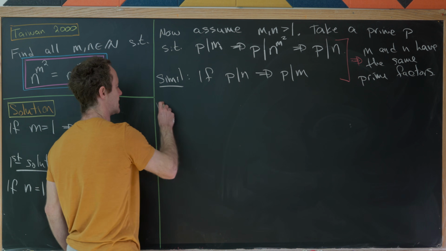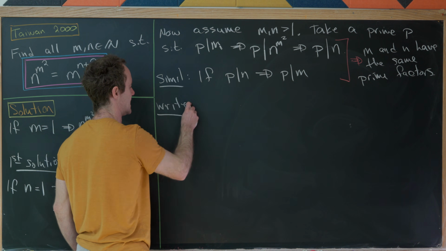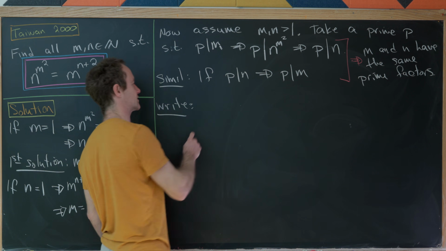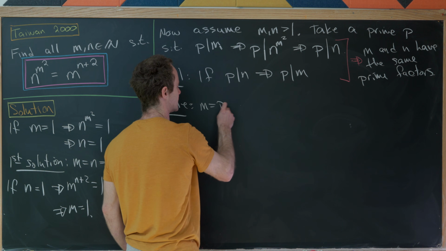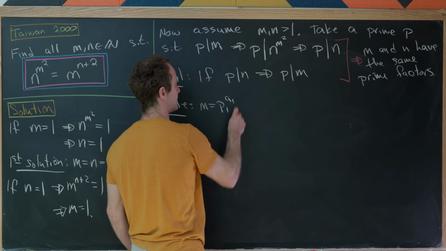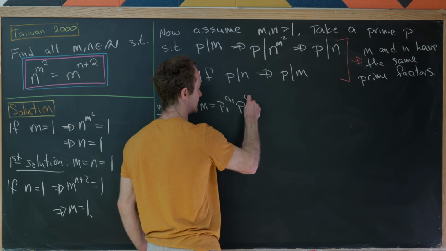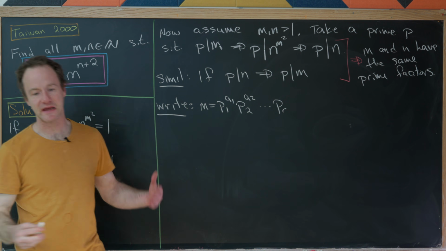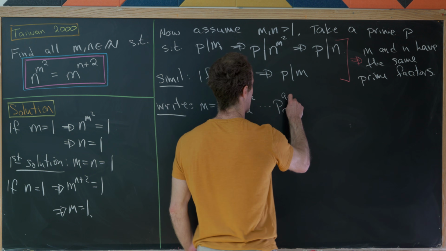And what does that mean? Well, that means that we can write m and n with their prime factorization, again, with the same prime factors. So we have m is equal to p1 to some power a1 times p2 to some power a2, all the way up to pr to some power ar.